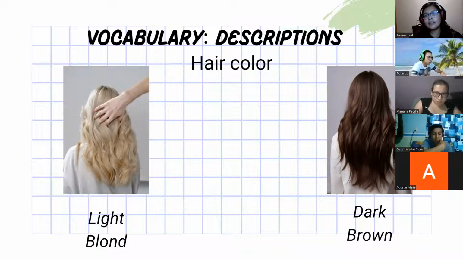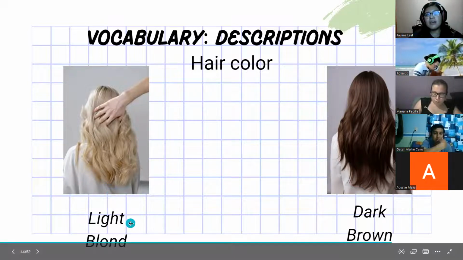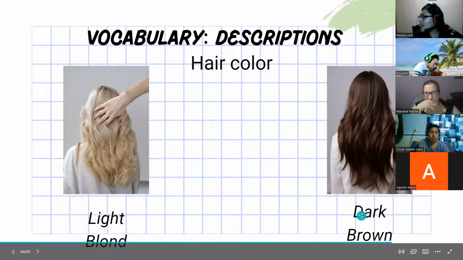Cuando digo claro, light, no estoy siendo muy específica. Puede ser café claro, puede ser rojo claro, puede ser rubio claro. O puede ser cualquier color. Lo único que estoy diciendo es claro, light. The counterpart would be using dark.